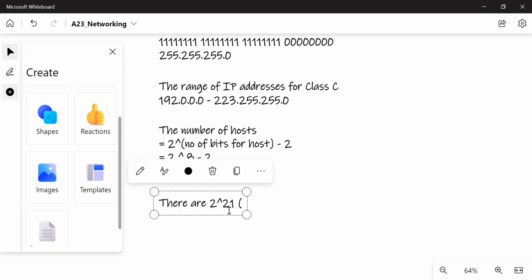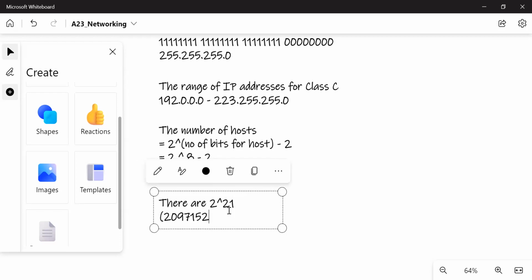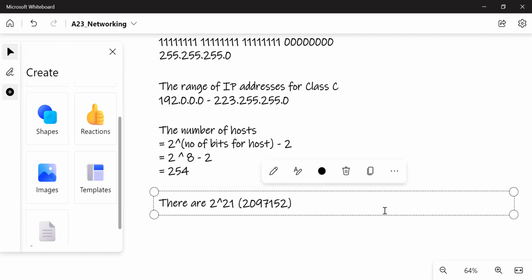That is 2,097,152. So this many network addresses are possible.